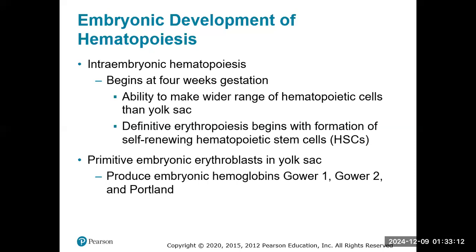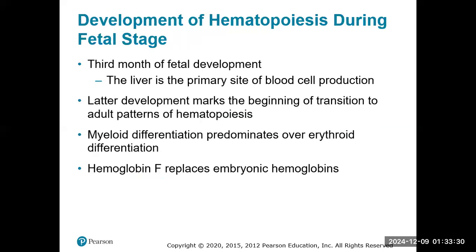Hemoglobin again is the protein inside the red blood cell that helps with oxygen carrying capacity. So we have hemoglobins Gower 1, Gower 2, and Portland, and these are embryonic hemoglobins that are present after about 4 weeks gestation. And then at that third month, our liver becomes a primary site of blood cell production.